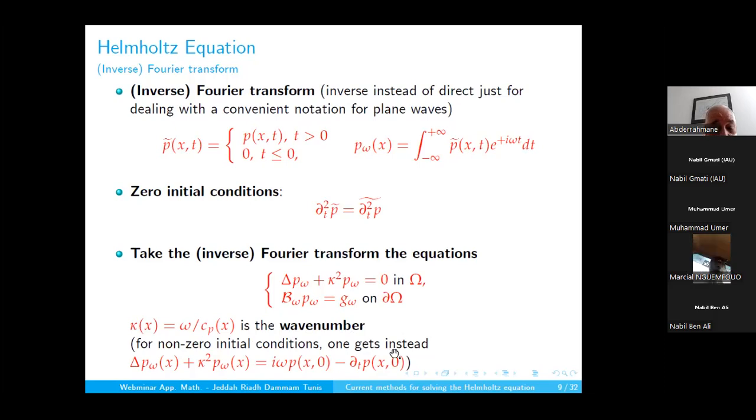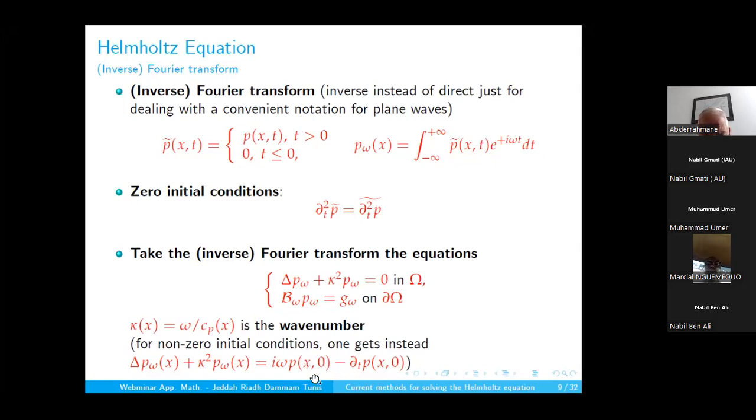If I started from non-zero initial condition, I would have only here right-hand side volumic sources which result from the initial condition.